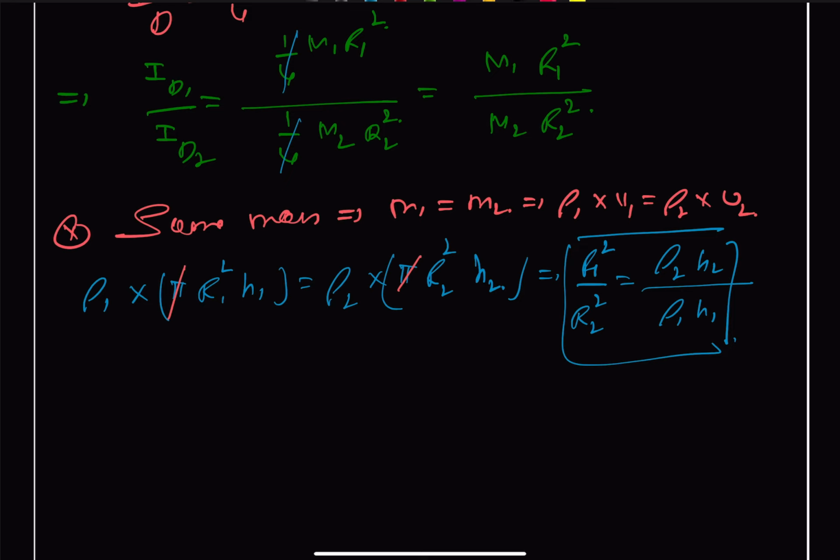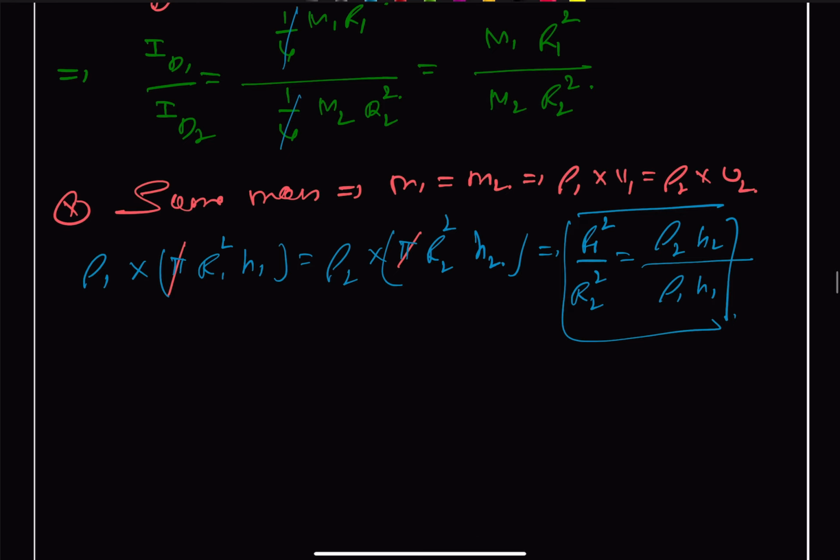Okay, and we are given that the ratio rho 1 by rho 2 is 3:5.